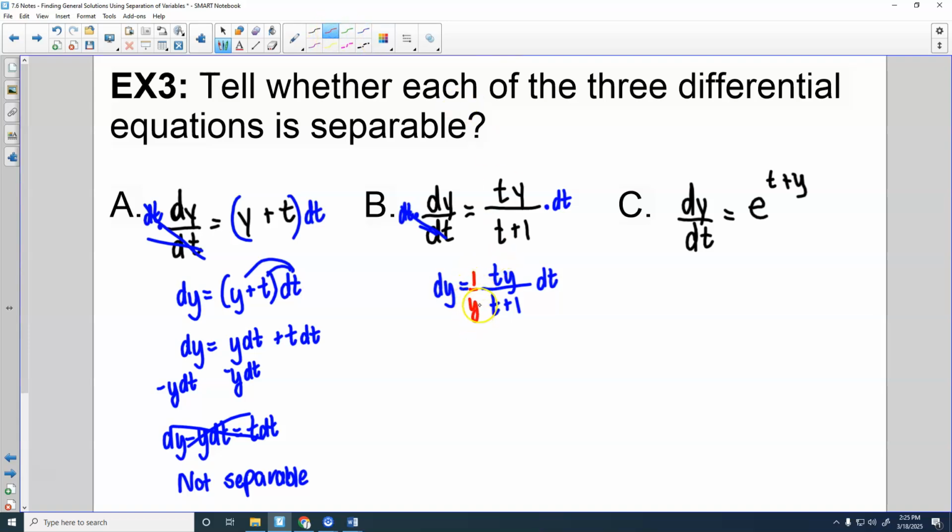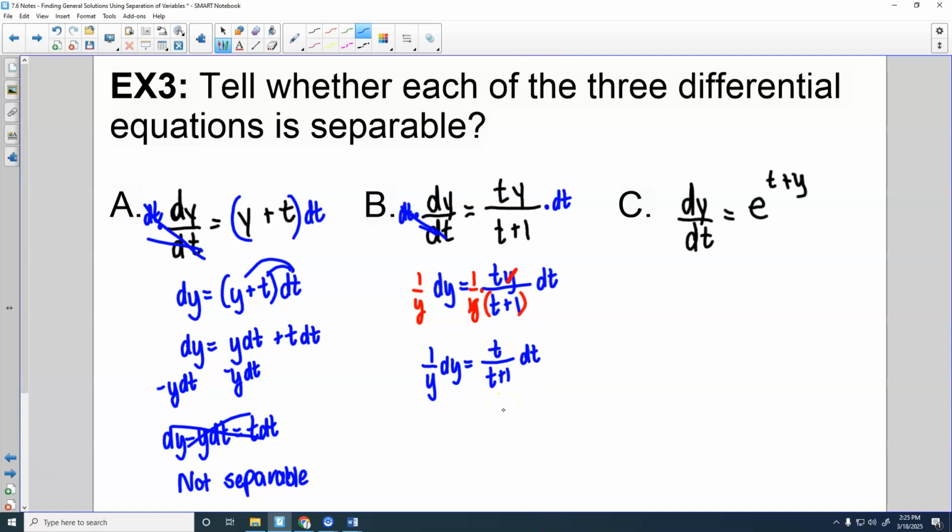I'm going to multiply by 1 over y, which is the same as dividing by y. Then I would have a y in the bottom and a y in the top. And they would cancel each other out. Because this would be like in parentheses, so those could cancel. So that means I'd have to multiply by 1 over y over here. And so I would have 1 over y dy equals t over t plus 1 dt.